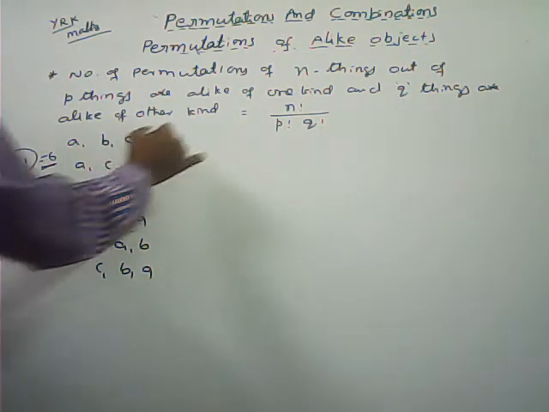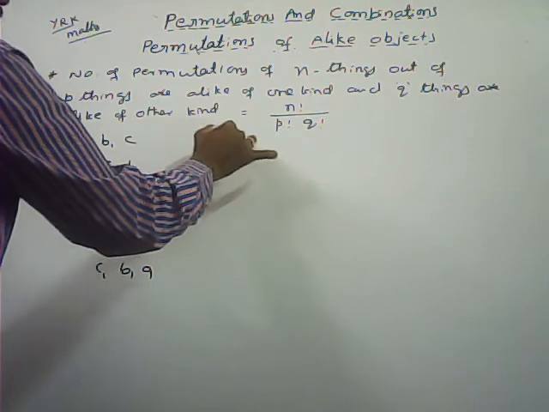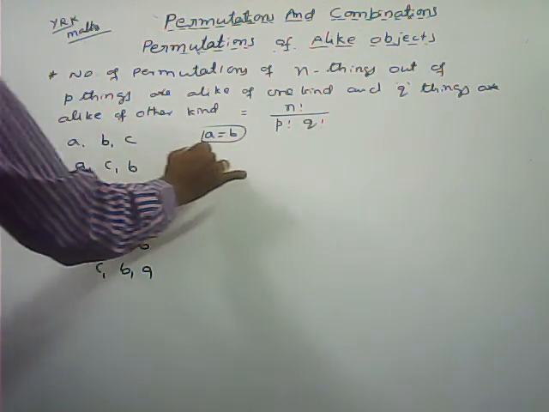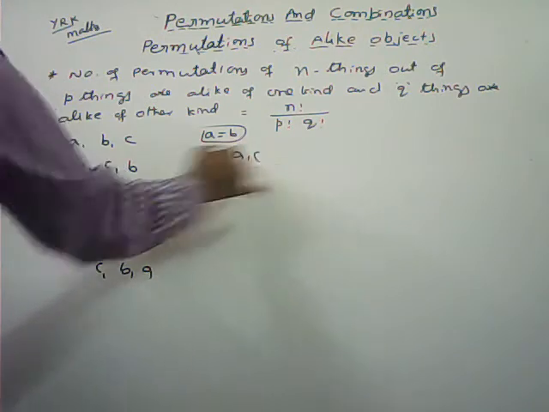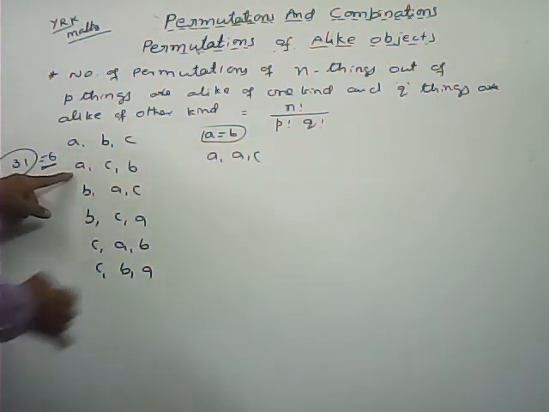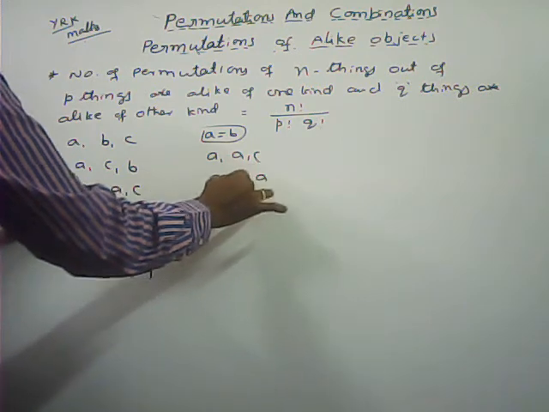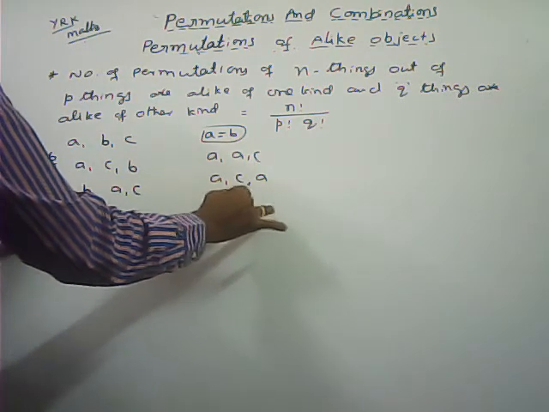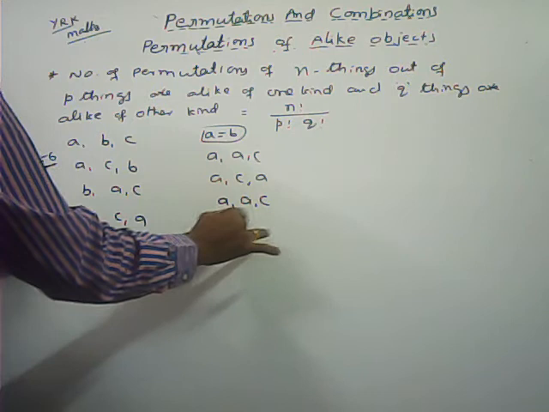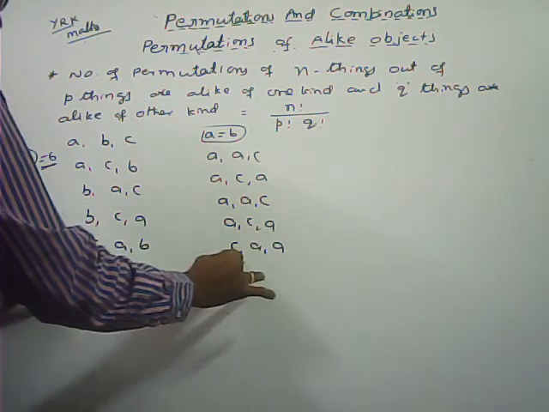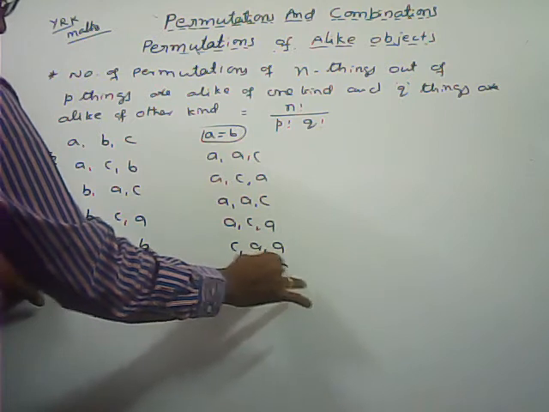For example, if I take A equal to B, these two are identical. Replace B by A. So AAC, I am rewriting it: AAC, ACA, AAC, ACA, CAA, CAA.